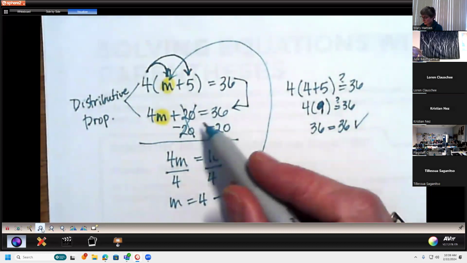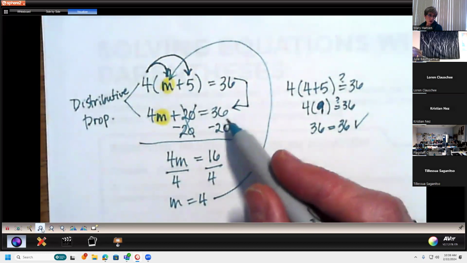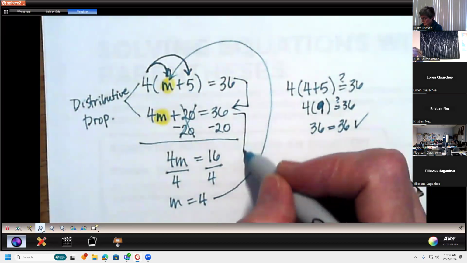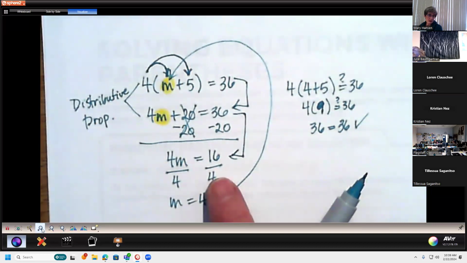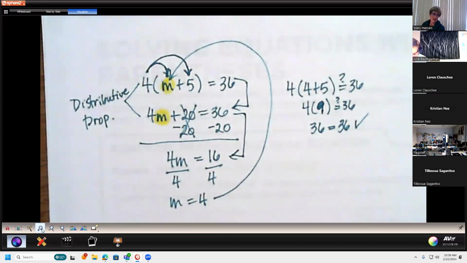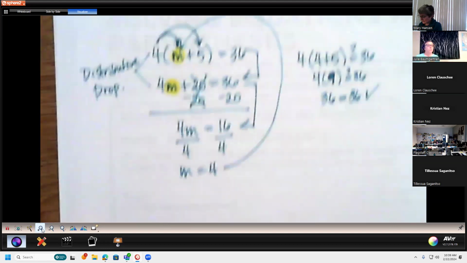Once we attack our two-step equation, we get down to something we've already practiced. We get a one-step equation. And so anytime we add complexity, we add the complexity, then we get rid of the complexity and we get back to what we already hopefully know and have practiced a bit.